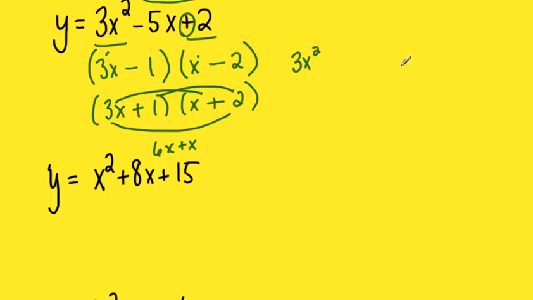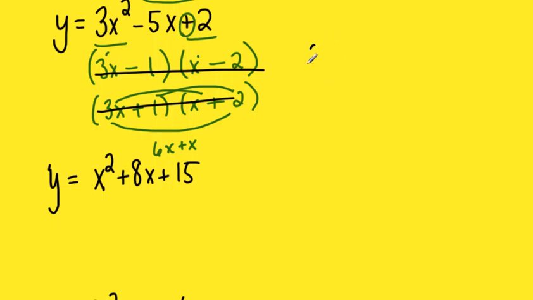Negative 1 times negative 2 does give me 2. Then here I would have negative 6x and then minus 1x, which is negative 7x. And that does not equal what I need it to. So that's not right. Those two are not correct, so I have to throw those out.